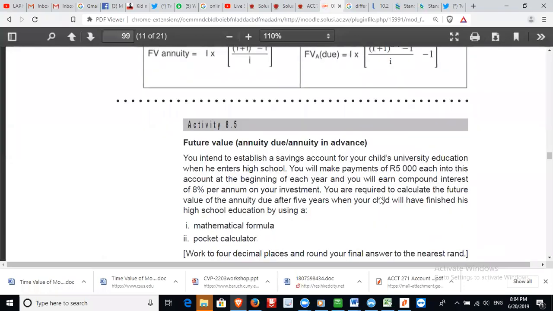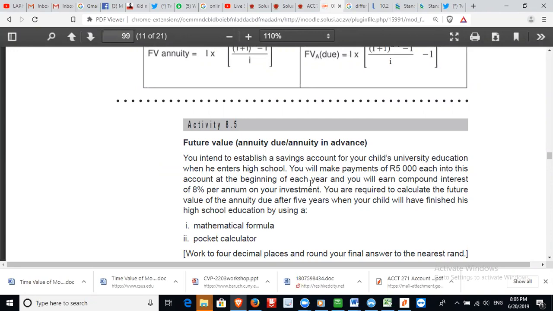Then we are told you intend to establish a savings account for your child's university education. When he enters high school, you make payments of $5,000 each into his account at the beginning of each year, and you earn compound interest of 8% per annum on your investment.